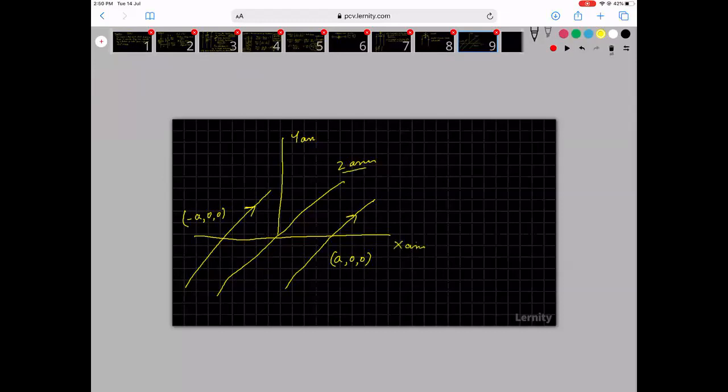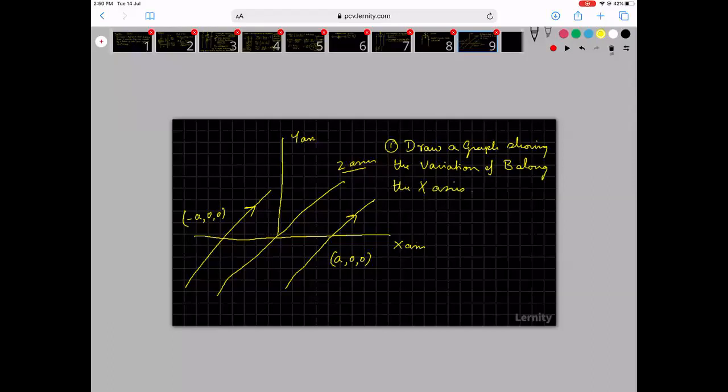Now, question: draw a graph showing the variation of B along the x axis.